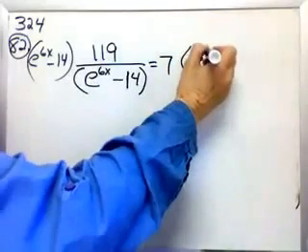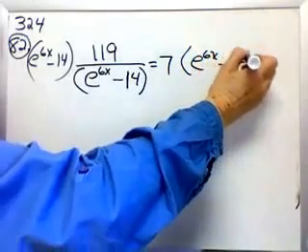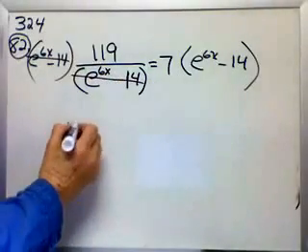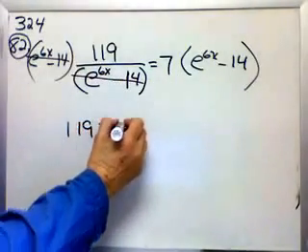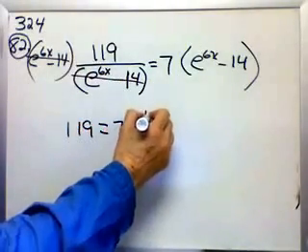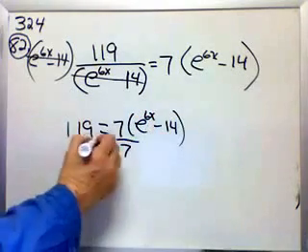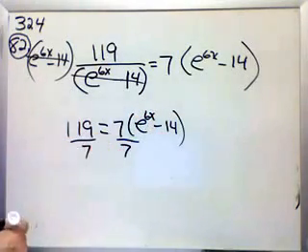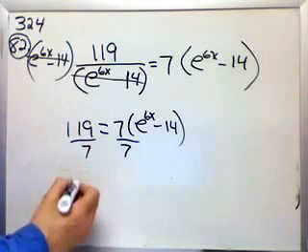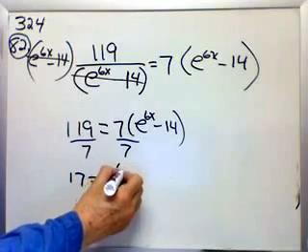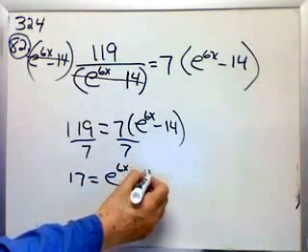And this is e to the 6x minus 14 on this side. So here, this cancels. So now I have 119 equals 7 times e to the 6x minus 14. How about divide both sides by 7? Right? And then I get 17 equals e to the 6x minus 14.